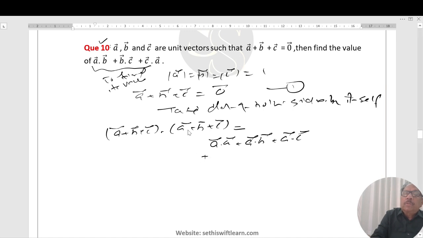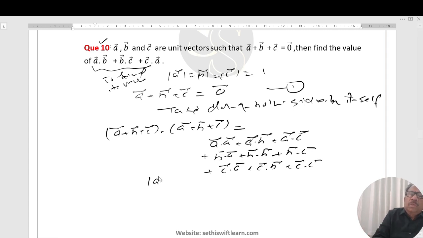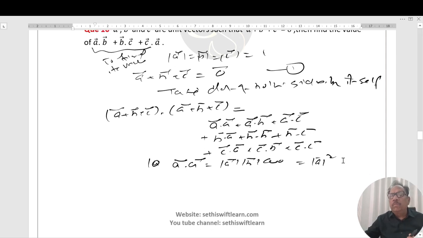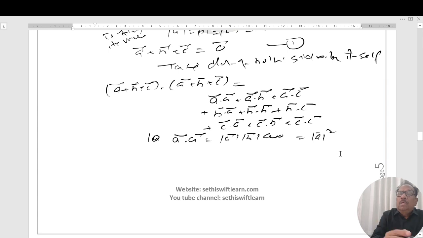Plus B dot A plus B dot B plus B dot C, then plus C dot A plus C dot B plus C dot C. As I have already discussed, A dot A equal to magnitude of A cos of 0, that is magnitude of A whole square. Right? Similarly for B, and dot product is commutative.